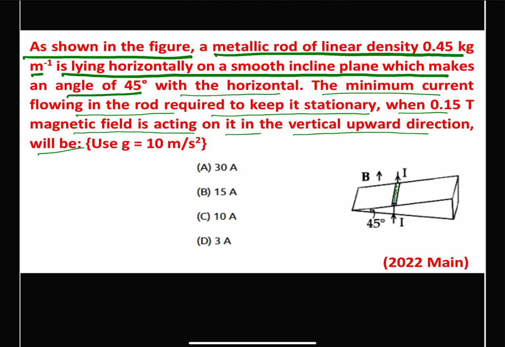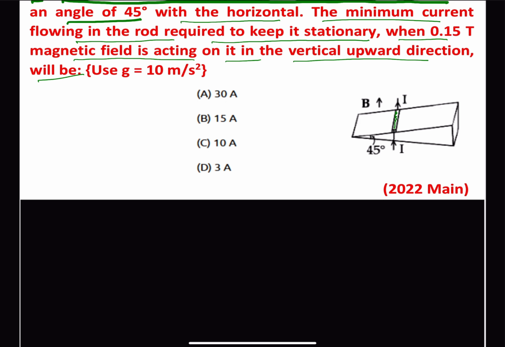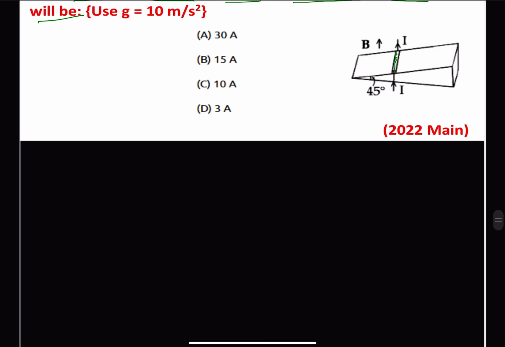So this is our rod, so that the rod is stationary, which basically means all the forces acting on the rod should be balancing each other, and the forces will be because of mg and because of the magnetic field. Okay. And we can just draw the approximate. So first of all, the forces on the rod.